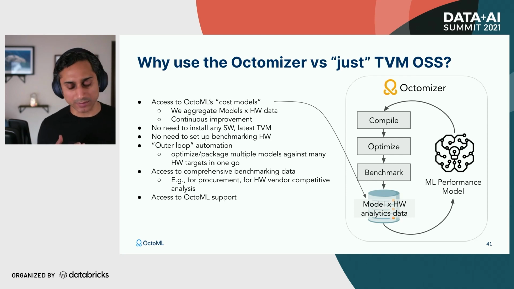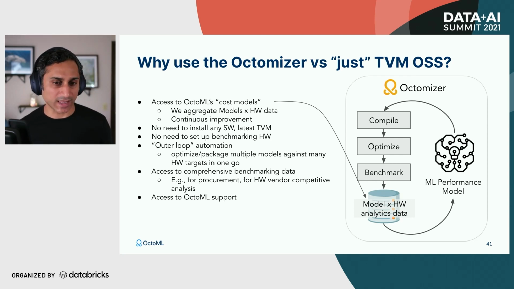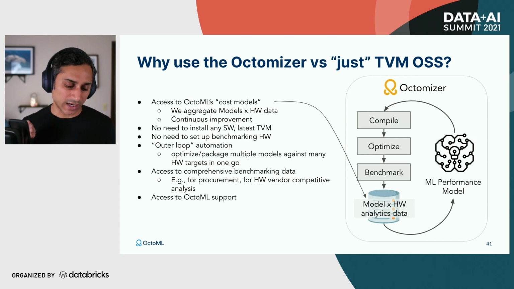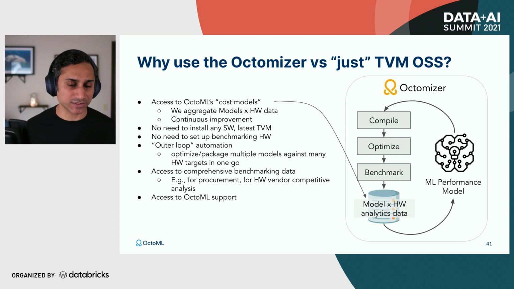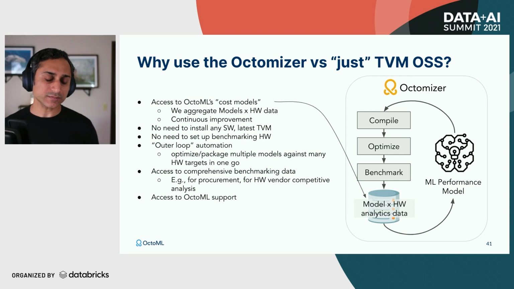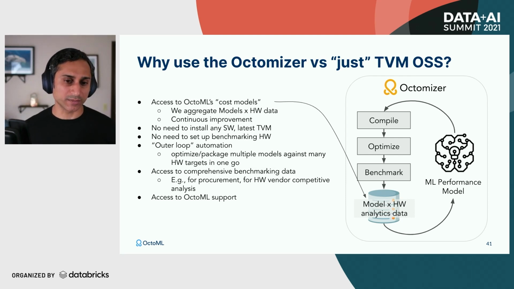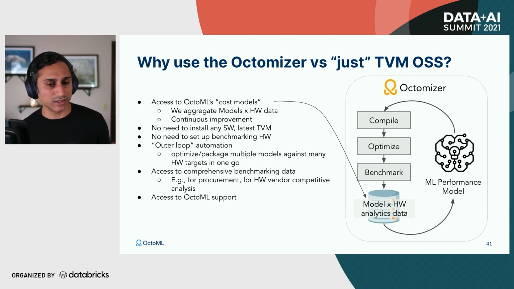If you want to optimize on a Snapdragon Android phone and also an Apple iPhone, you'd have to connect both of those hardware devices directly to your computer to give TVM access to running those micro experiments or trials to learn the personality of your hardware. So using something like hosted TVM in OctoML lets you bypass those steps as well. You get access to our world-class support, access to our comprehensive benchmarking, and we will recommend to you what hardware device to use for inference to find the ideal cost and performance balance.